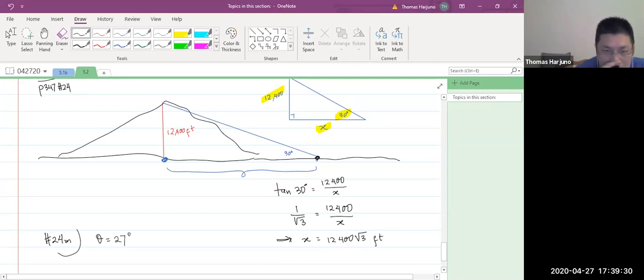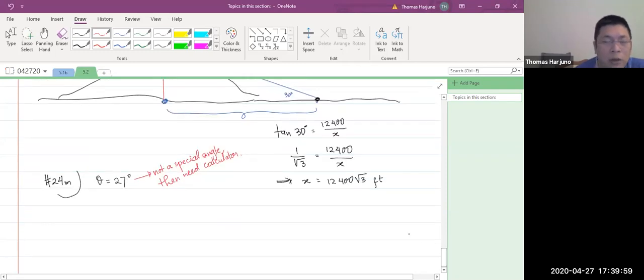Now notice that this 27 degrees is not a special angle. Then we need to use a calculator.